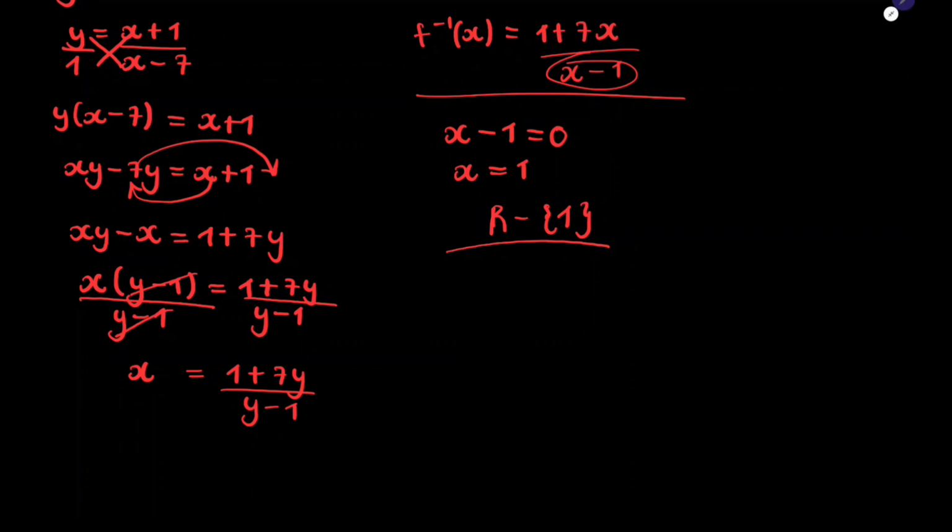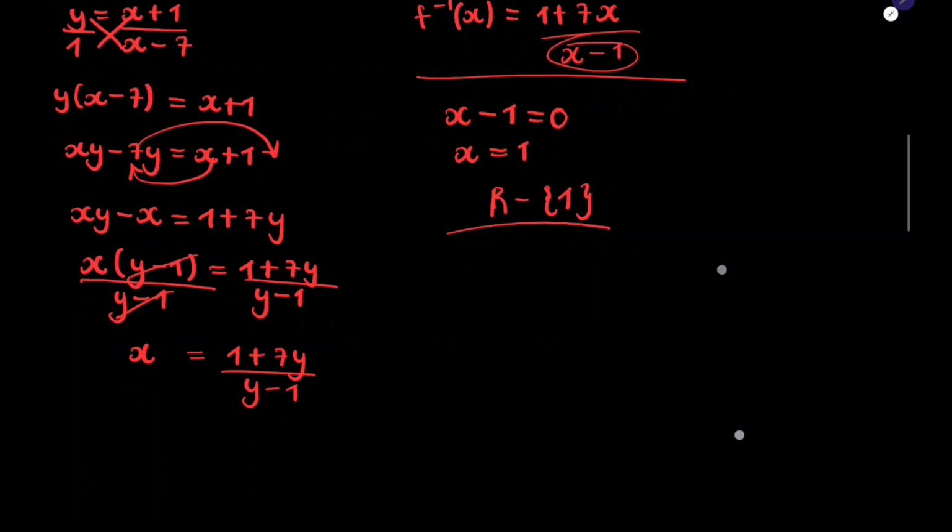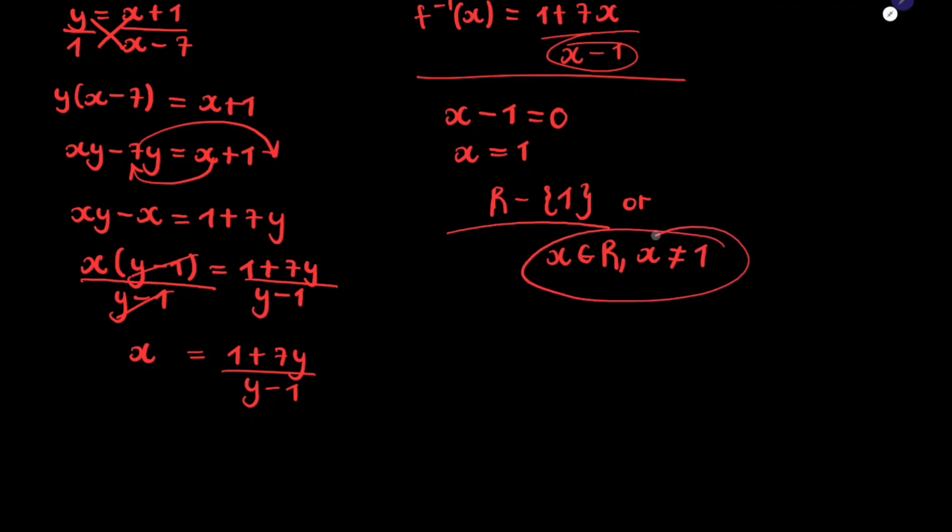So we can write it as range is 1, or we can say x is an element of R and x is not equal to 1. So here we write it in this form. We can write in that form if we like. It depends on what fits us, what is better for us, what will make us easily understand.